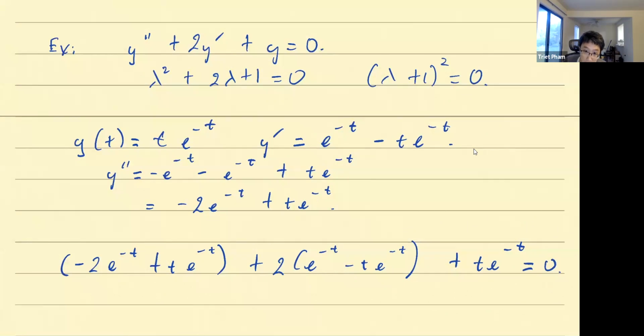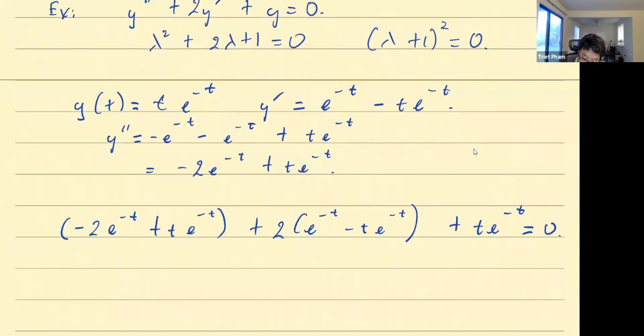All right. So my message for you is this: to understand the effect of multiplying by t to get to a second solution, you want to understand how the t e to the minus t group and the pure exponential group combine. So let's see how they combine. Notice this minus 2 and this 2 perfectly cancel.